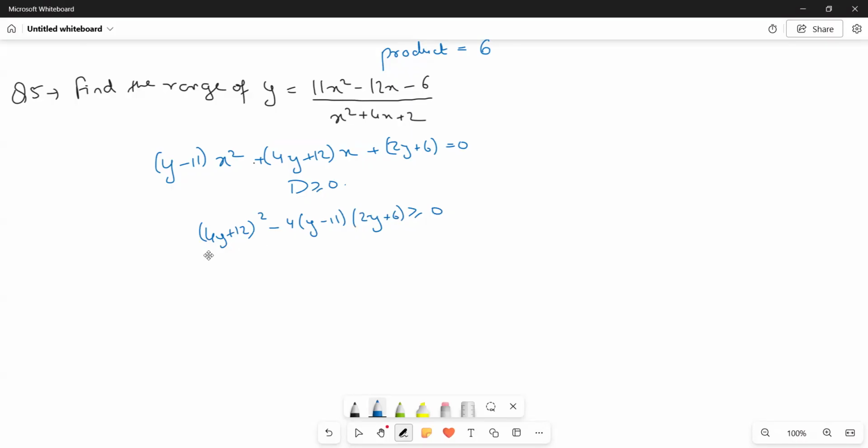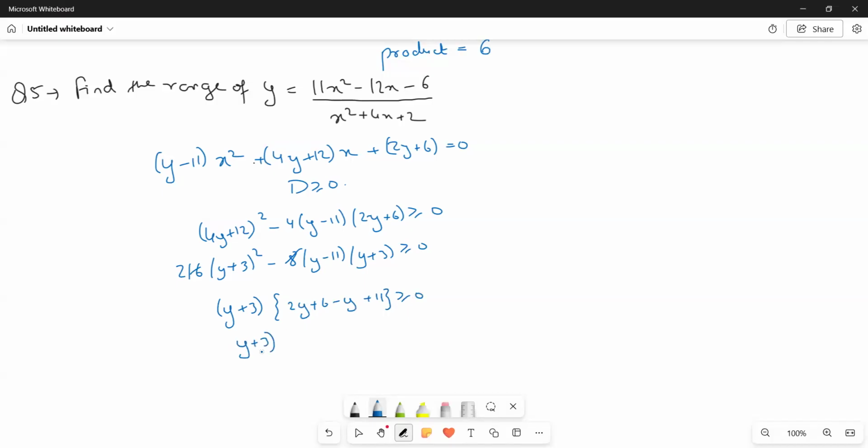ठीक है, तो सिंप्लीफाई कर लो। इससे 4 कॉमन ले लेंगे तो ये हो जाएगा 16 टाइम्स (y plus 3) whole square minus 4। अच्छा, इससे 2 कॉमन ले लेंगे तो देन दिस विल बिकम 8 टाइम्स (y minus 11) into (y plus 3) is greater than or equal to 0. ये कैंसिल हो गया। Now from the entire expression we can take a (y plus 3) out common. तो ब्रैकेट में आ जाएगा twice of (2y plus 6) minus (y plus 11) is greater than or equal to 0.